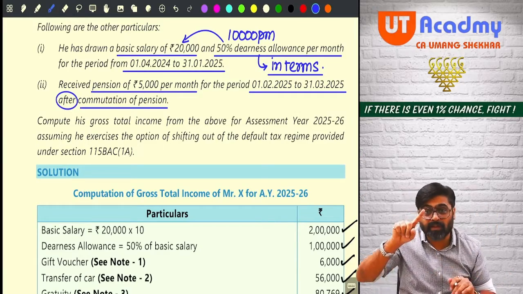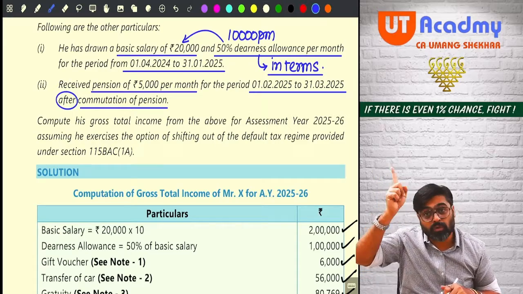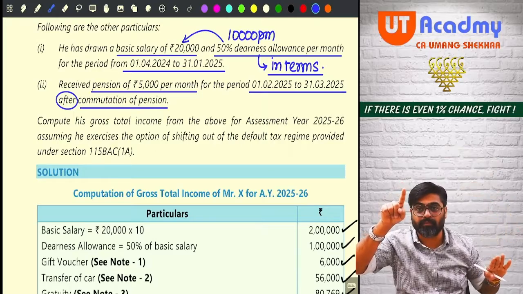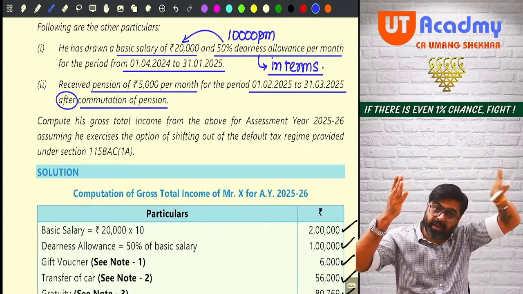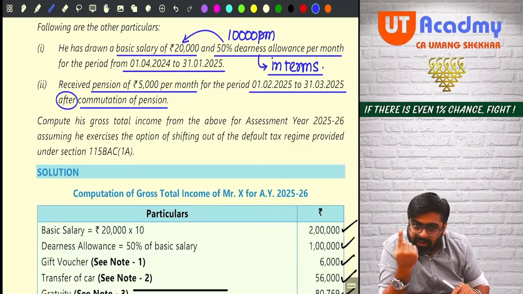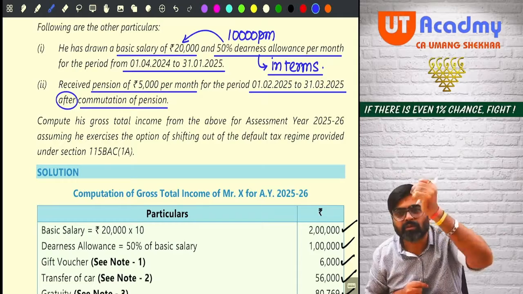This means that your monthly pension was not fixed 5,000, it was fixed 15,000. Out of that 15,000, you commuted 2/3 and you received a lump sum. Now after commuting 2/3, how much remains? 1/3, no? 15,000 into 1/3 you will get 5,000 only.